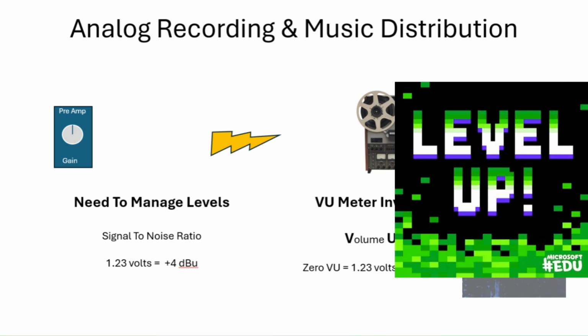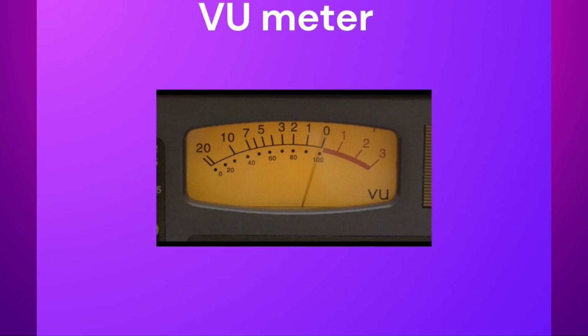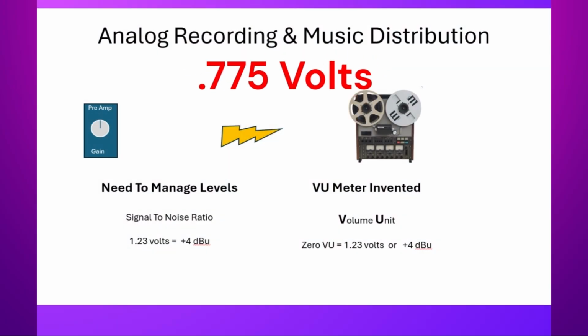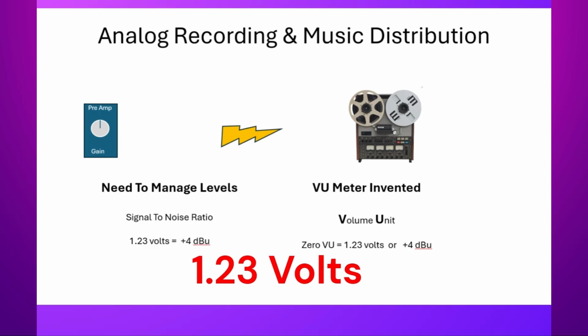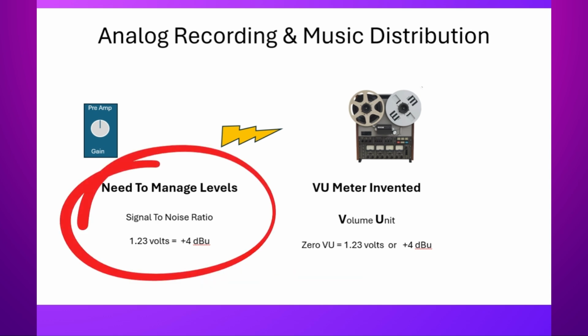So what did they do? They invented the VU meter. And they calibrated that at a higher voltage. The minimum to make this thing work was 0.775 volts, but they knew they needed more. So they upped it to 1.23 volts. Okay, so 1.23 volts was called plus 4 dBu.